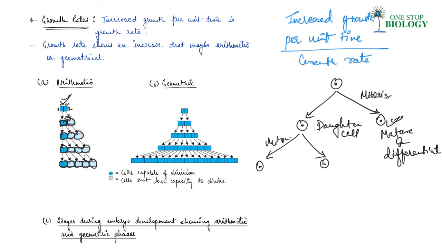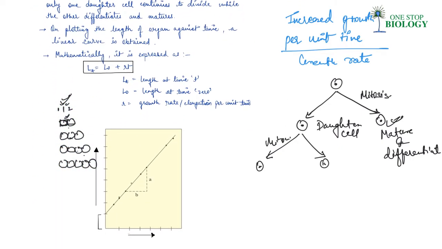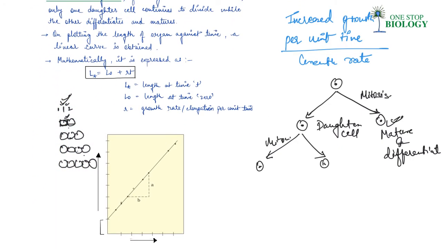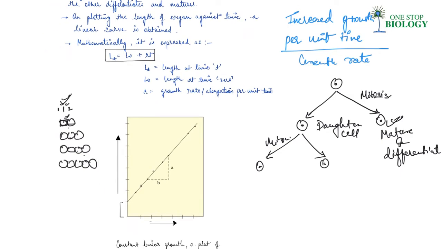If we plot the length of the organ against time, we get a linear curve. I'll show you the graph as well. So we say that in arithmetic growth, we get a linear graph or linear curve.